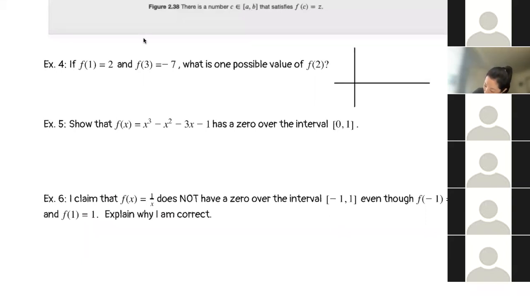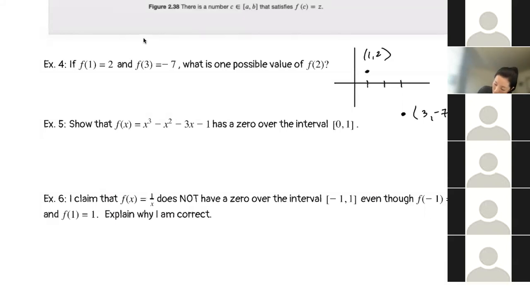So f of 1 is 2. F of 3 is down here at -7. What is one possible value for f of 2?